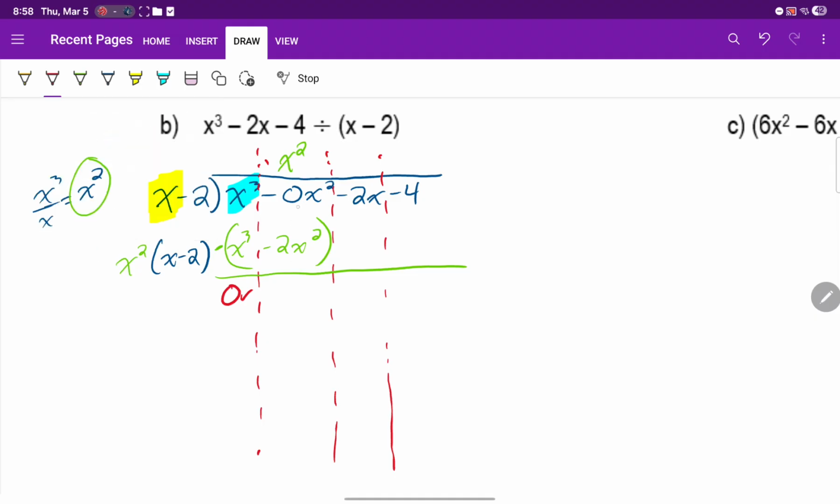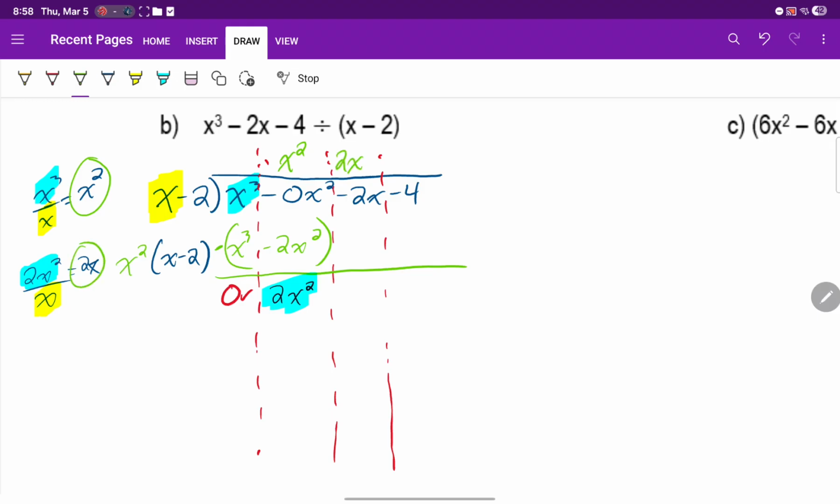And 0 minus negative 2 gives me positive 2x squared. So now I'm going to check how many times x goes into 2x squared. So 2x squared divided by x. I'm taking these blue ones and dividing by the yellow one. This gives me 2x.